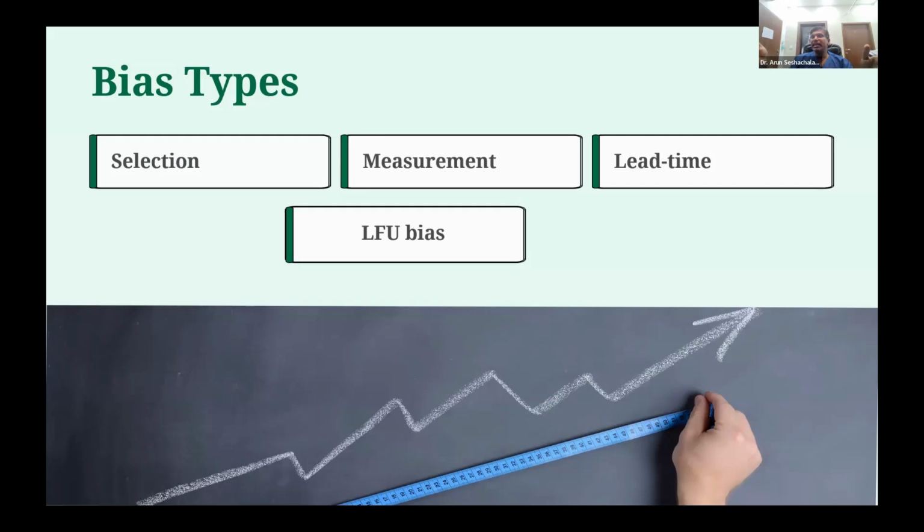Without mammogram, I select the other study population, okay, and compare. The lead time is from the screening to the time the patient becomes symptomatic. That particular period is the lead time. That lead time is added to the survival analysis. Okay, that extra time is added to the survival and that difference is captured as a significant difference. That is lead time bias.